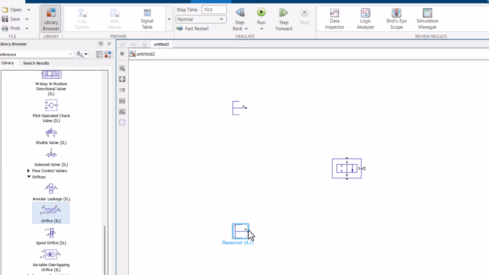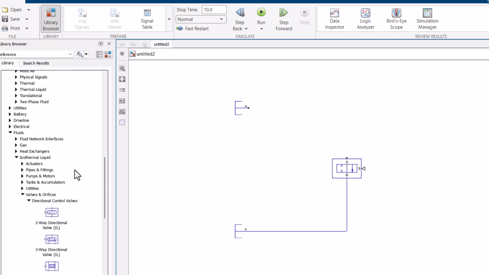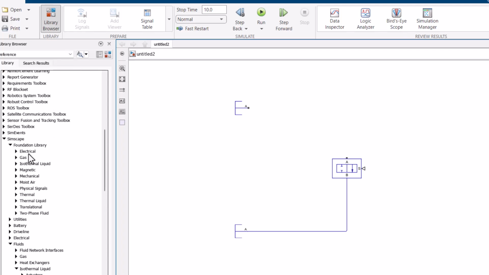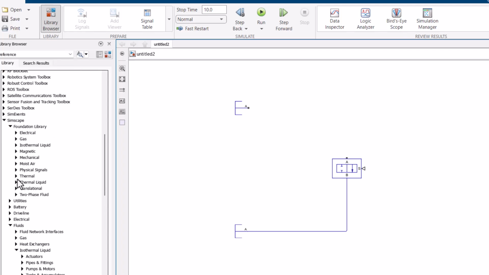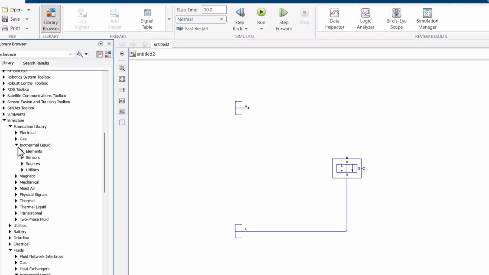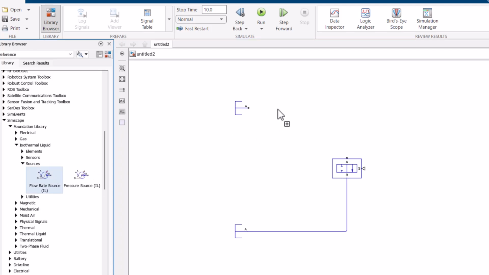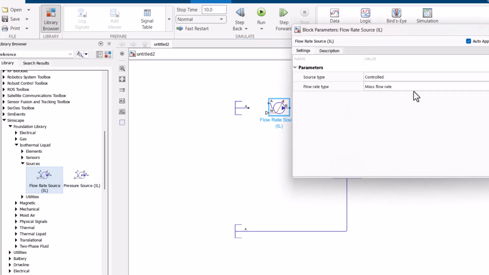So I'm going to add 2 reservoirs. Then I add an ideal pump, which is going to transmit the desired flow rate. I set it to a constant volumetric flow rate in GPM.